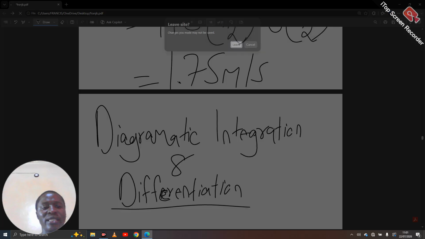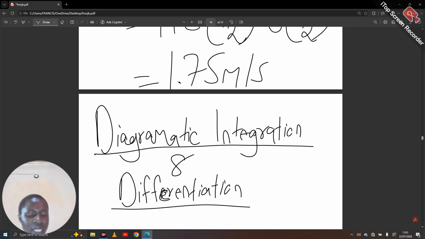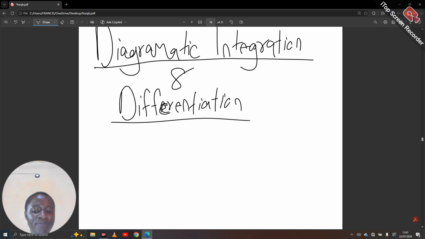This is what we shall be covering. Remember, there are some words I've told you during the revision that you should have taken note of. I will not be able to discuss them in the video of diagrammatic integration and differentiation, but later I will summarize them when we will be doing more of these questions involving calculus.